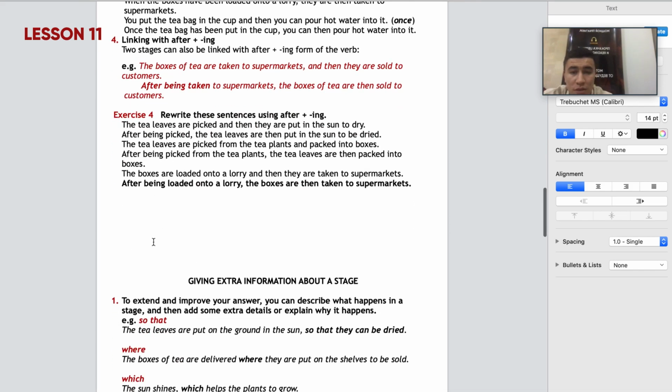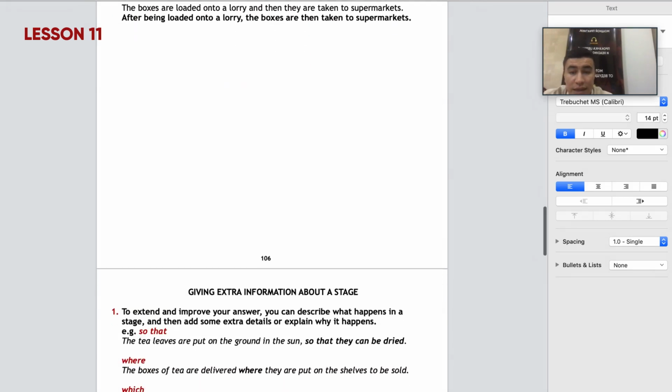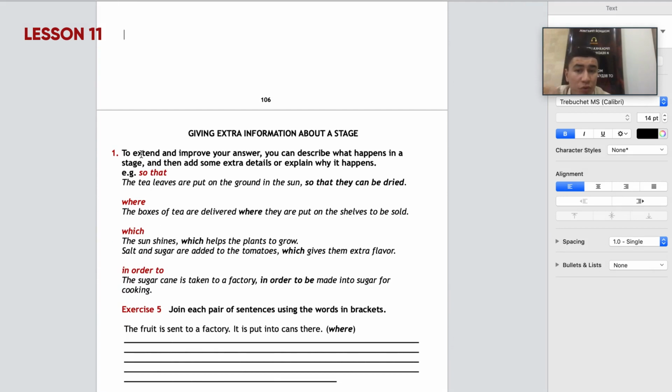Okay, so I hope this was clear to you guys, and now we'll talk about giving extra information about a stage. So, to extend and improve your answer, to make it more detailed, you can describe what happens in a stage and then add some extra details or explain why it happens.